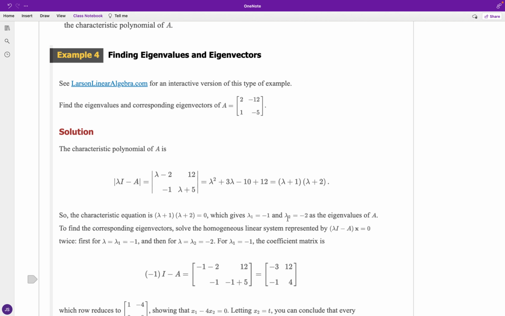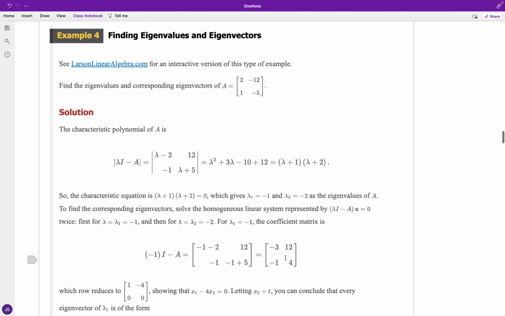To find the corresponding eigenvectors, we solve the homogeneous linear system lambda I minus A times the eigenvector x equal to 0 twice: first for the eigenvalue negative 1, and then for the eigenvalue negative 2.